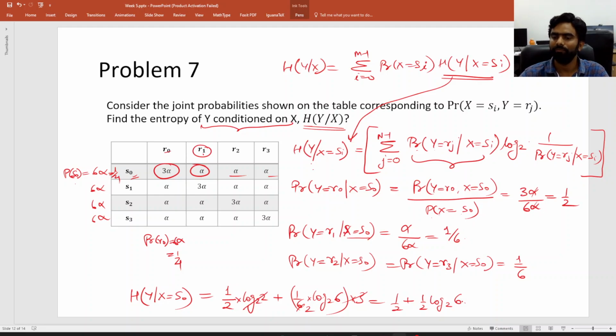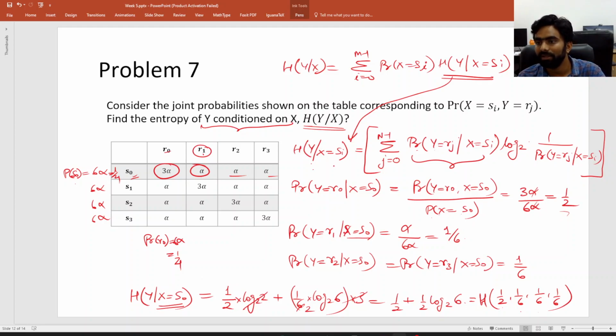Clear? One shorthand representation we have also seen in the class: these four symbols are there, so H of half, 1 by 6, 1 by 6 and 1 by 6 is the representation for entropy related to these probabilities. This is the first symbol, corresponding to condition on S0, for which we have calculated the entropy.